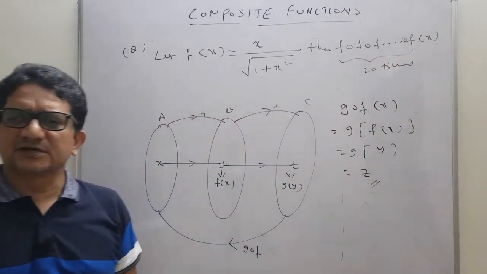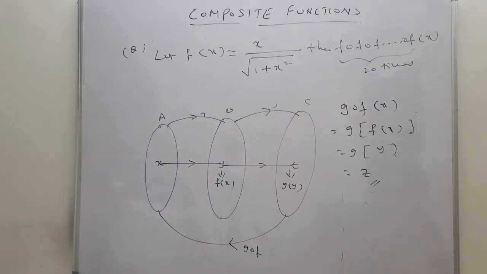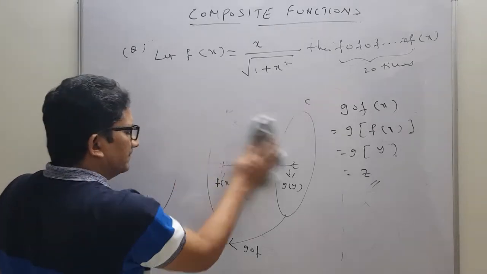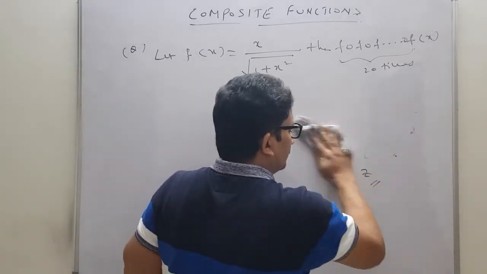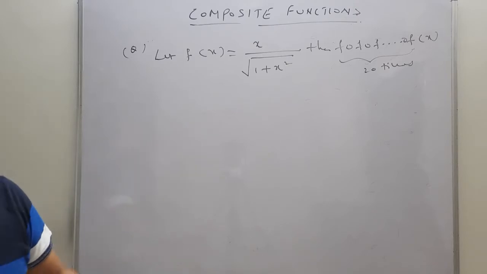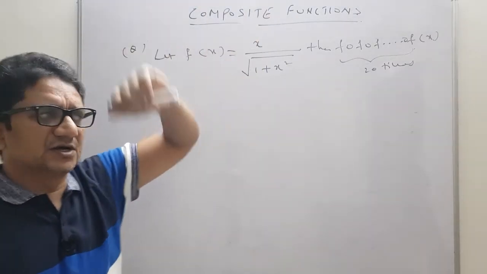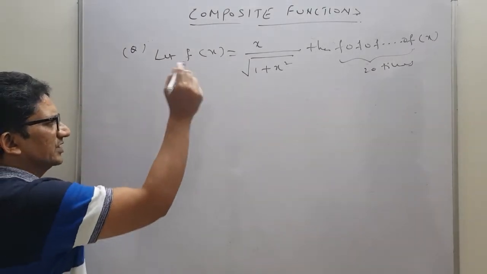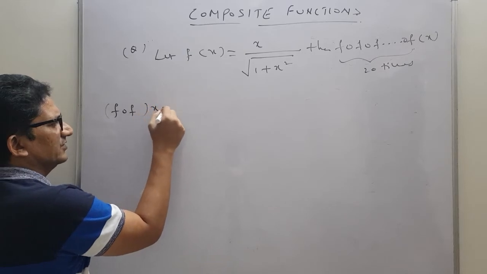So f circle is repeating 20 times. That is the mapping from f to f only, nothing else was defined, meaning it is defined from real numbers to real numbers. Now first, to handle that, we will take simple things, f circle f of x.